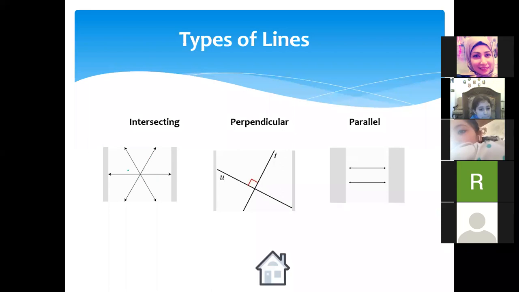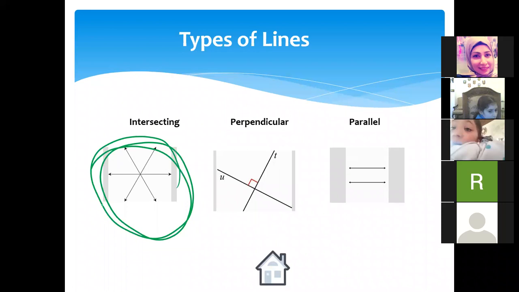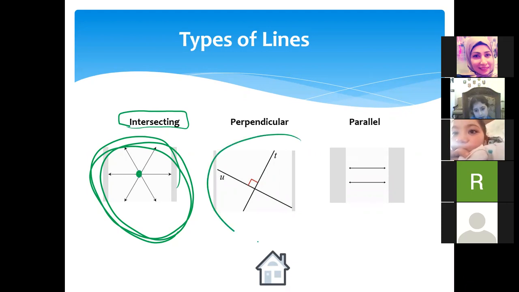Look at these lines here in the first figure. What do we call these lines? Intersecting lines. Why do we call them that? Bravo, they meet at this point. Excellent. What do we call these two lines here?